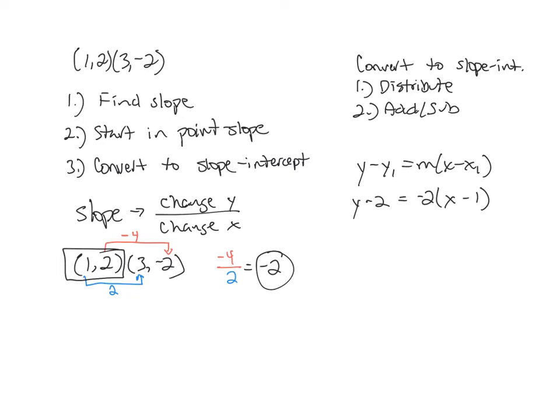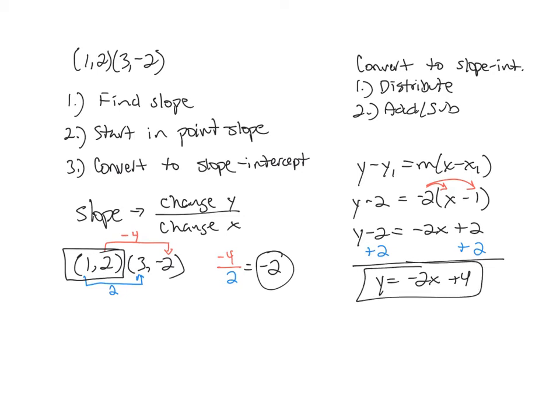Okay, so I'm going to distribute the negative 2. Negative, negative, positive, so be careful of that. And then I'm going to add or subtract, and in this case I'm going to add, not with the x, but with the number at the end.